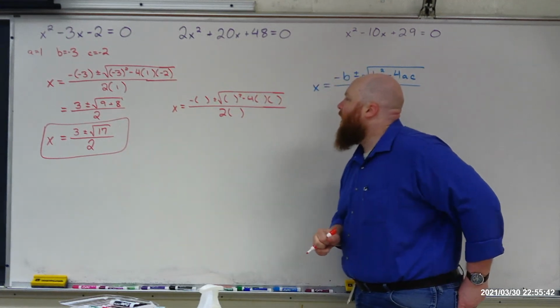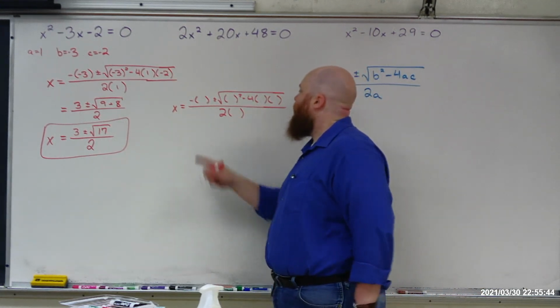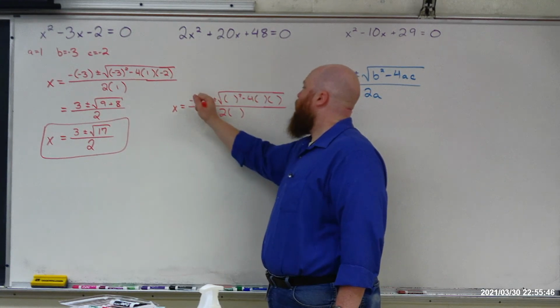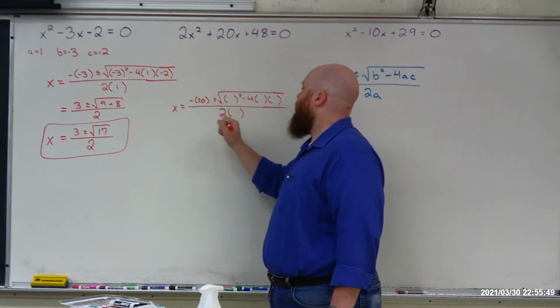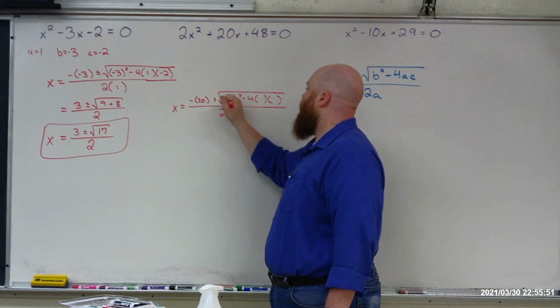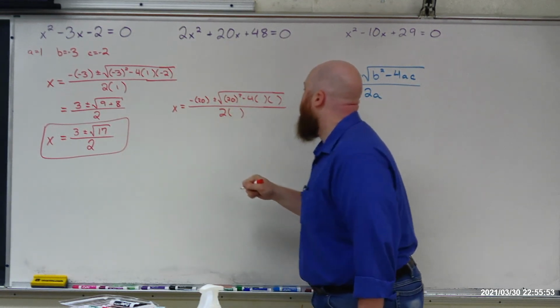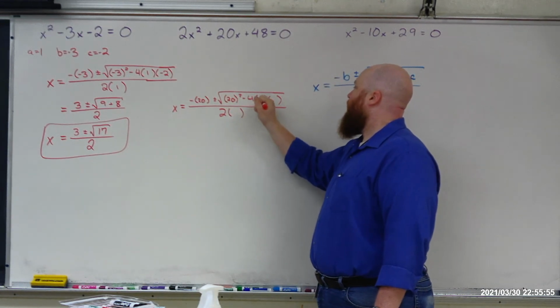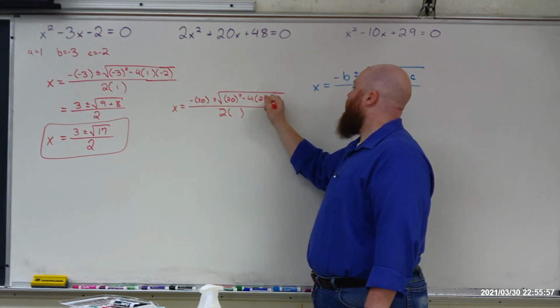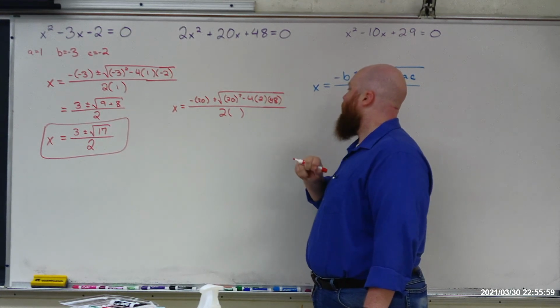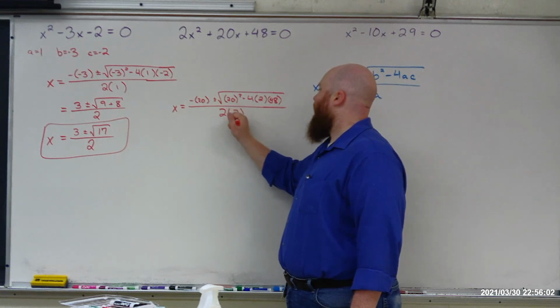And I populate in my values from the equation. -b is 20, plus or minus the square root of b squared was 20, minus 4 times a is 2, times c is 48, all over 2a is 2.